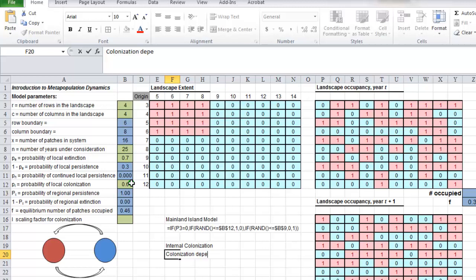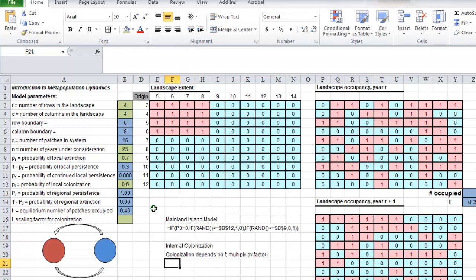So colonization depends on F in the previous time step, and we're going to multiply it by this factor called I, which is a tempering factor. It's basically scaling how strong this effect actually is.